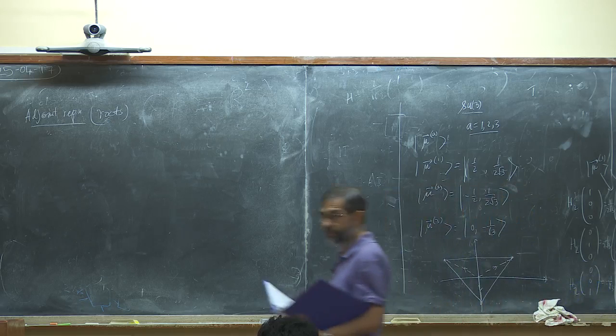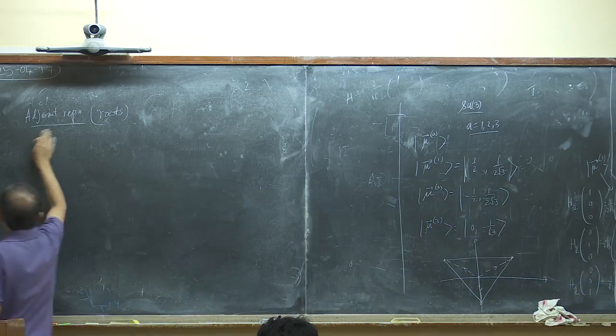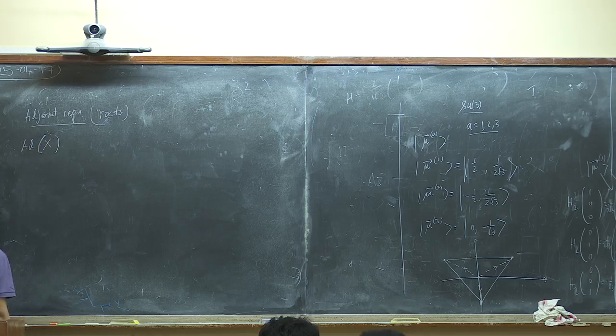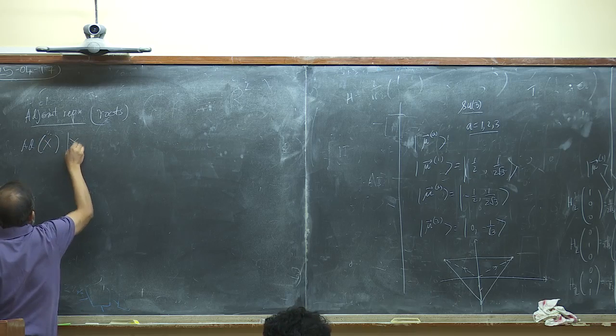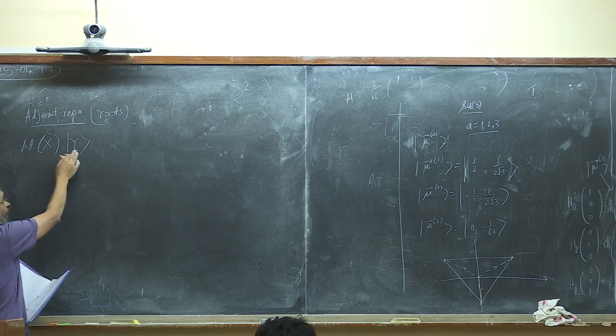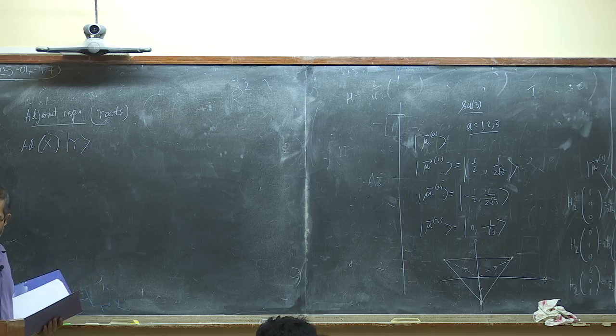Just to remind you, X being thought of as an adjoint representation operator acting on Y. I am thinking of X acting on Y, which is actually a commutator.